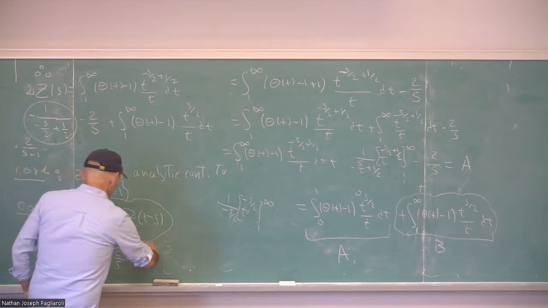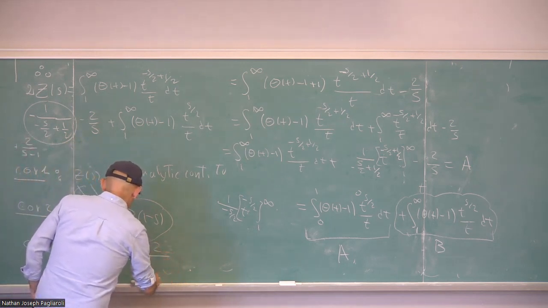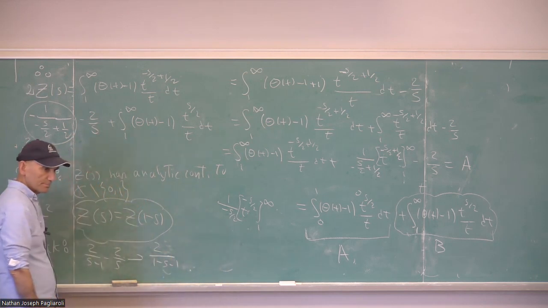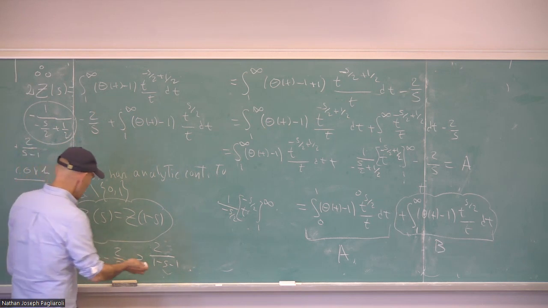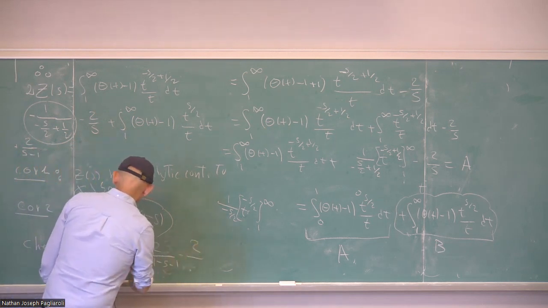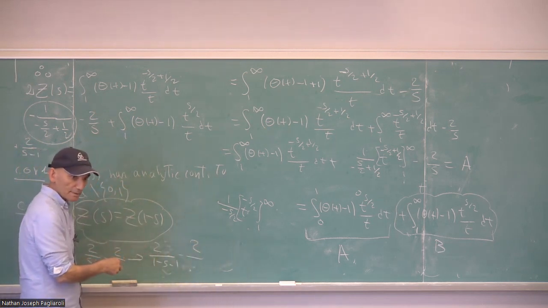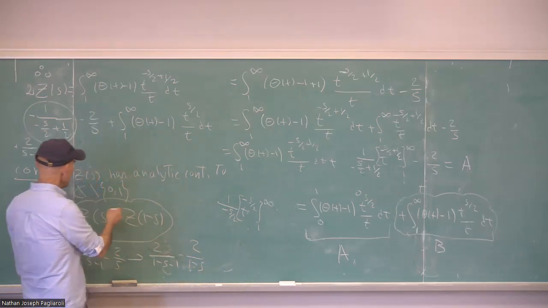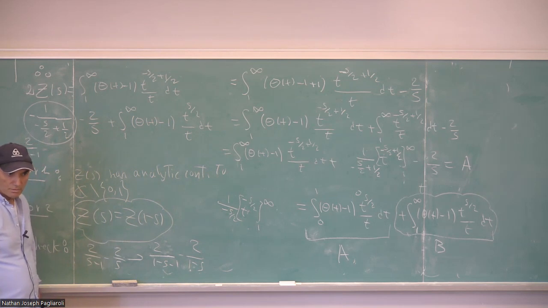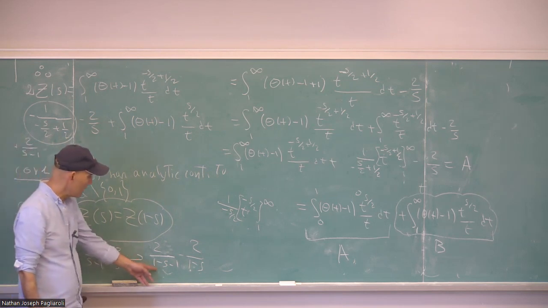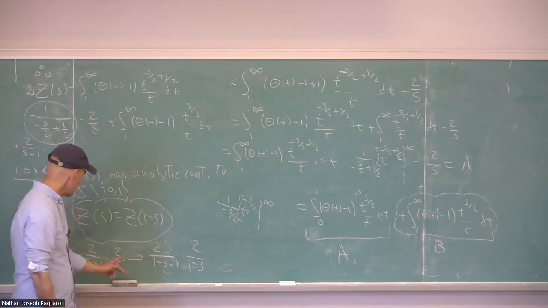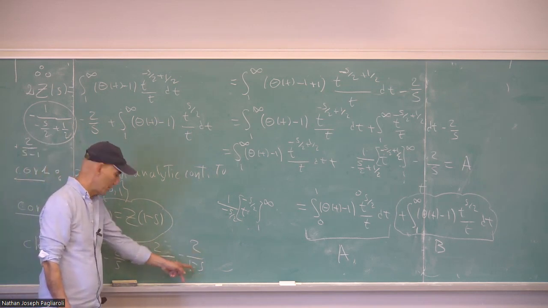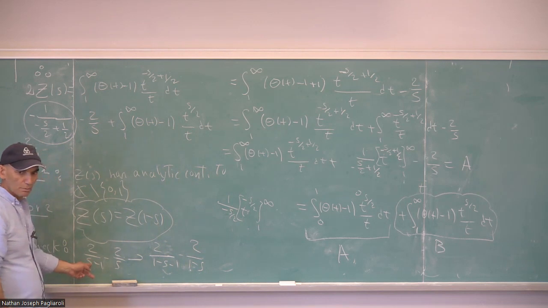We get 2 over 1 minus s minus 1, minus 2 over 1 minus s. And that's exactly the same as the thing we started with, because this is minus 2 over s, which is here, and this is 2 over s minus 1, which is here.